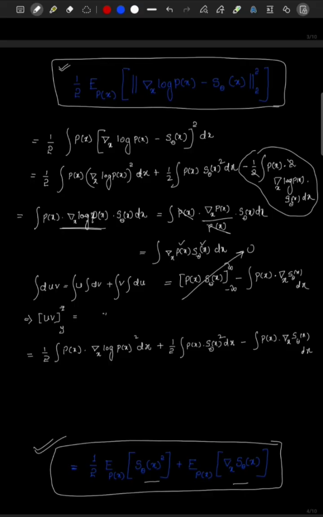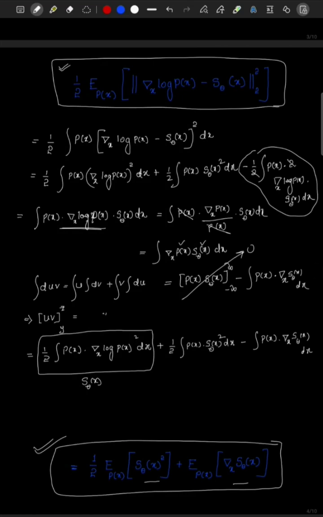Okay, so here you can see that the first term does not have any s theta of x involved in it. It is free from theta.